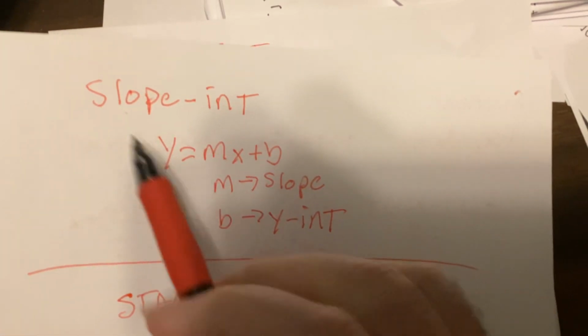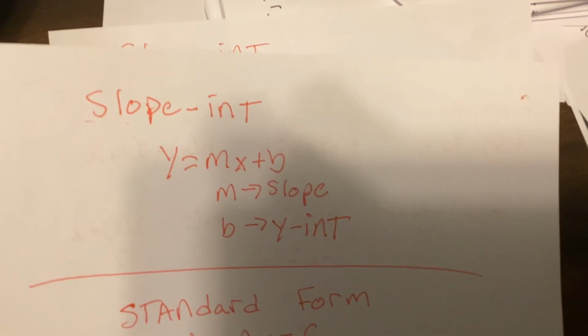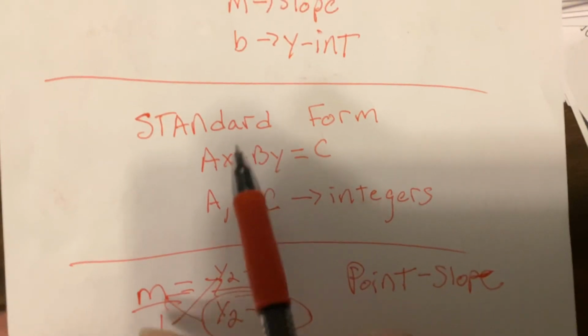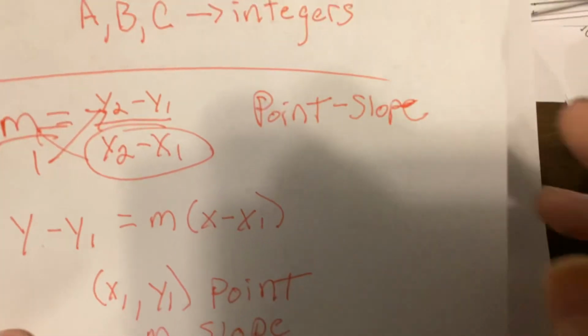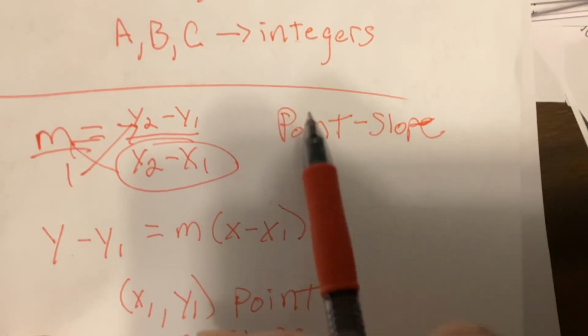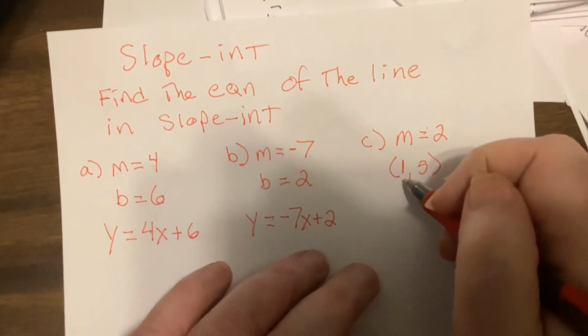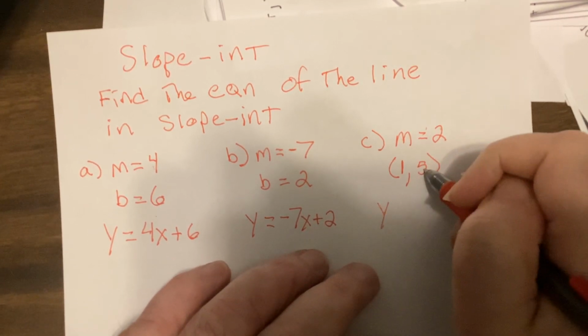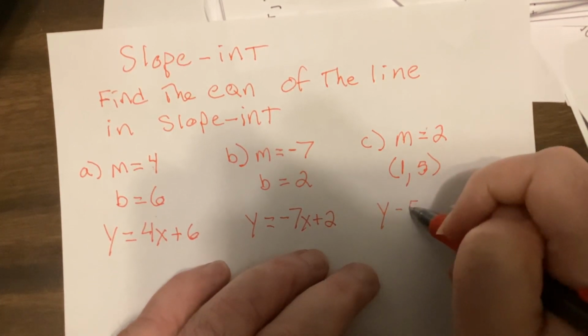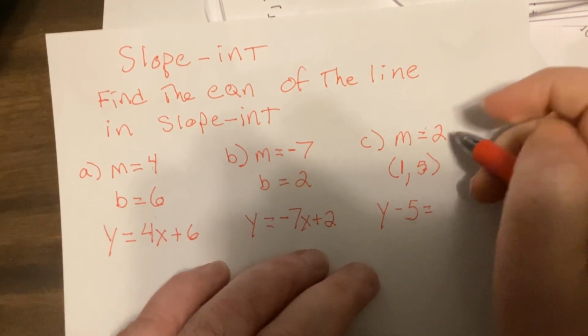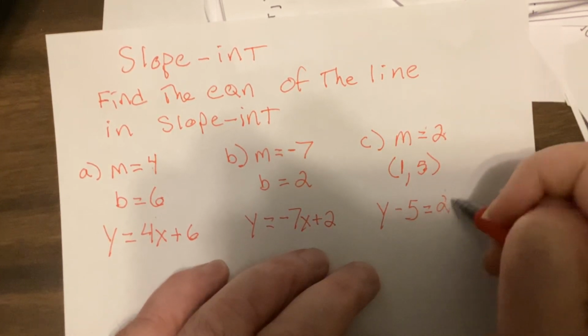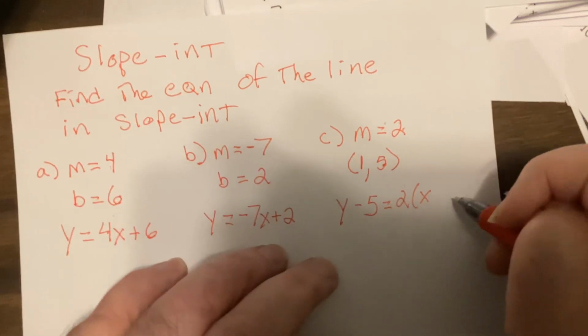So am I going to use slope-intercept? No. Will I use standard? No. How about point slope? Hey, point and slope. So I'm going to put y minus the y number equals the slope times x minus the x number.